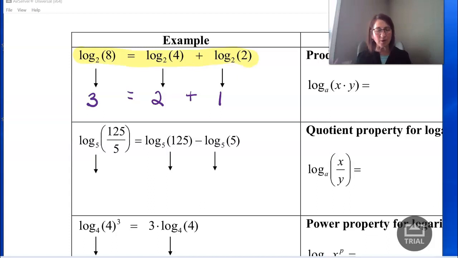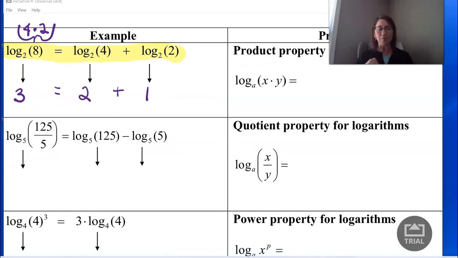Now, let's go back to the beginning here. What if that 8 had actually been expressed as 2 factors, 4 times 2? Let's keep that in the back of our mind as we now look at our property.